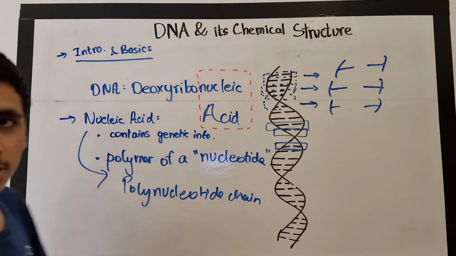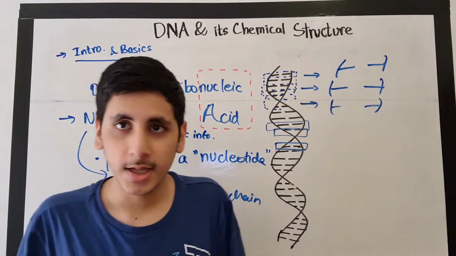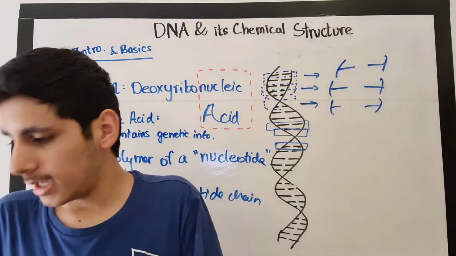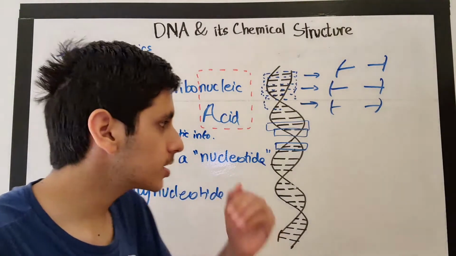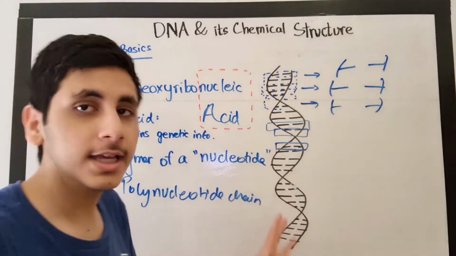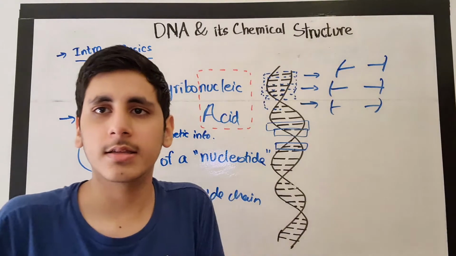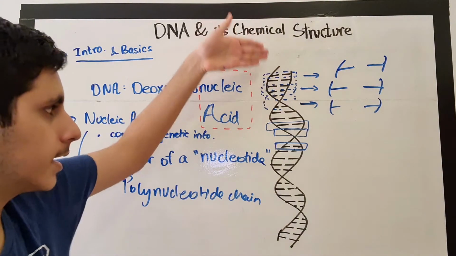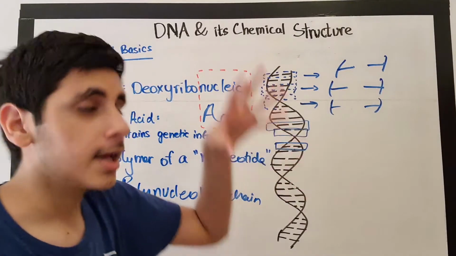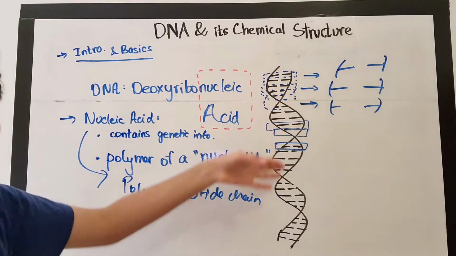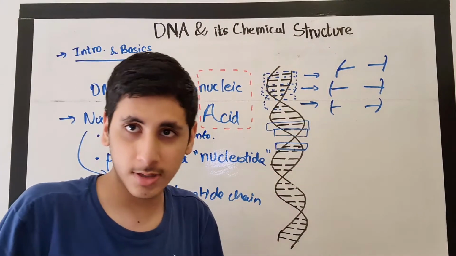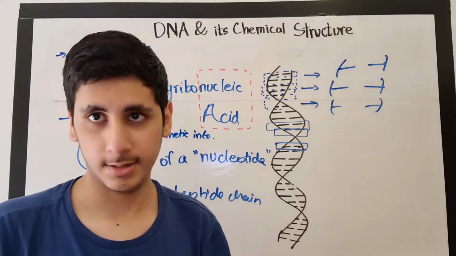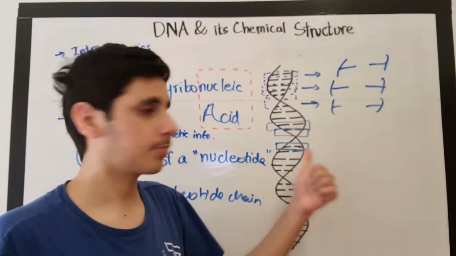And I'll go more into what a nucleotide is made up of, because if we want to really understand the chemical structure of DNA, we first have to understand the chemical structure of a nucleotide. That will help us imagine, at the molecular level, how all of the nucleotides stranded together would create a structure like this.